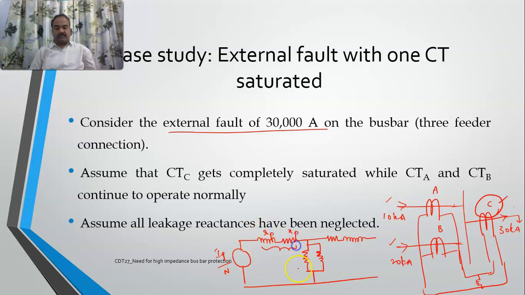These represent the primary winding impedance, and this is the magnetizing impedance, and RP dash and XP dash refer to the secondary, and these are RS and XS. These represent the secondary circuit impedance, and this current will be divided into the secondary current and the magnetizing current. This is the equivalent circuit which we have developed for a CT.